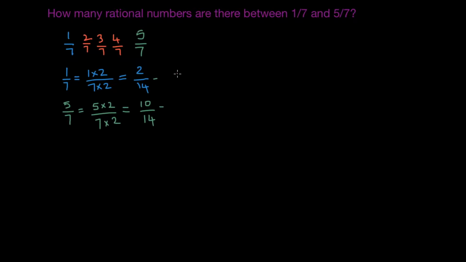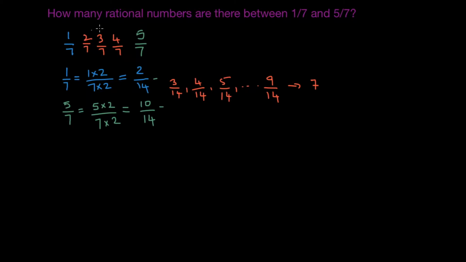I can write them down. I can find 3 by 14, 4 by 14, 5 by 14, and so on and so forth, all the way until 9 by 14. So now I've got 3, 4, 5, 6, 7, 8, and 9. So that's a total of 7 rational numbers.